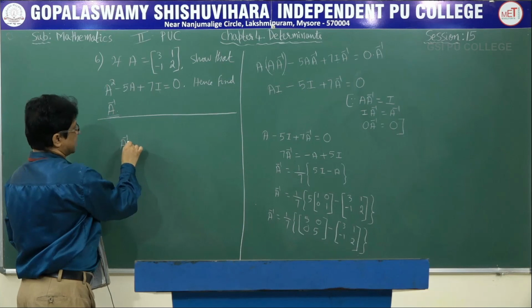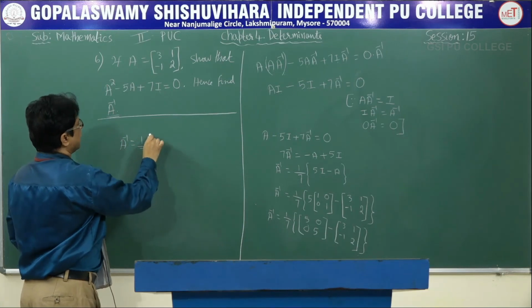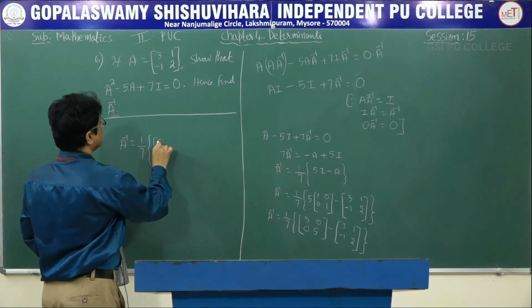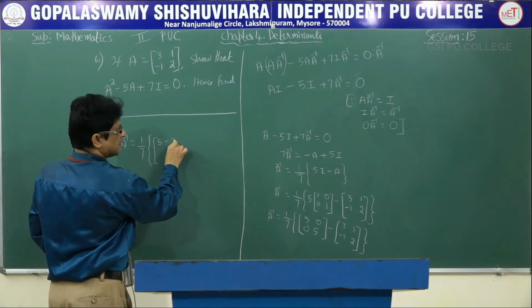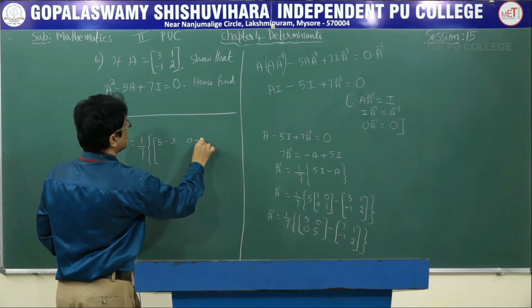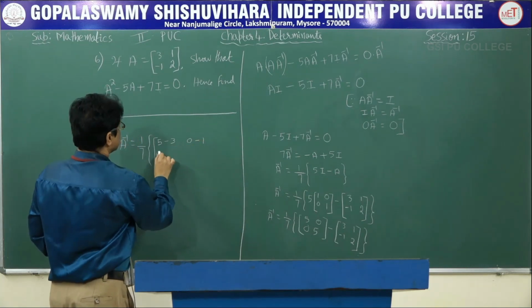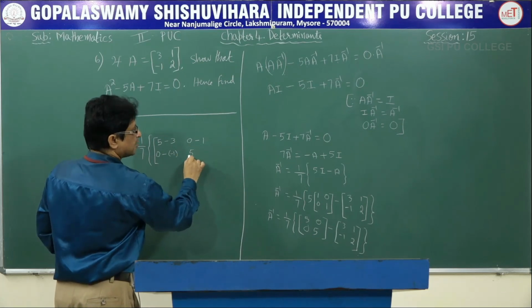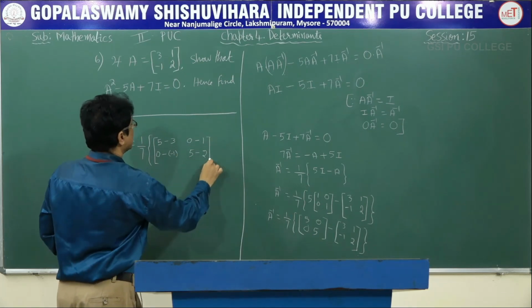So A inverse is equal to 1 by 7 into 5 minus 3, 0 minus 1, 0 minus of minus 1, 5 minus 2.